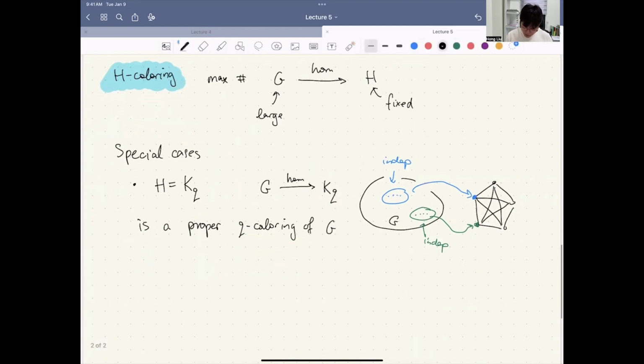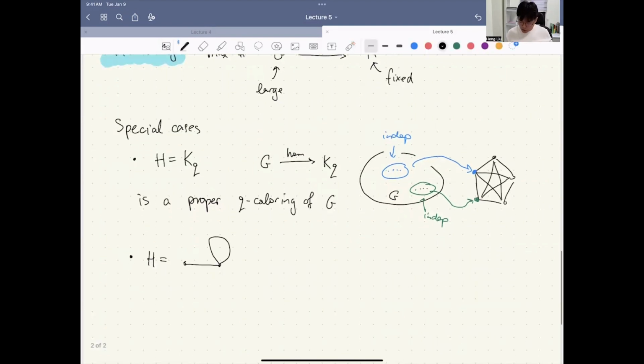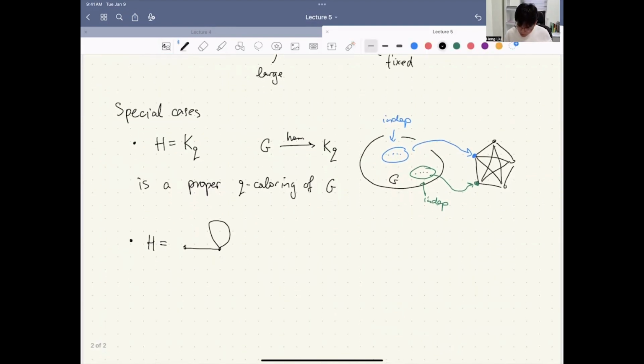Now let's consider the case when H is this graph. This graph has two vertices that are adjacent, and there is a loop on exactly one of them. It looks like a slightly strange choice. So let's see, what is a homomorphism from a graph G to this graph?